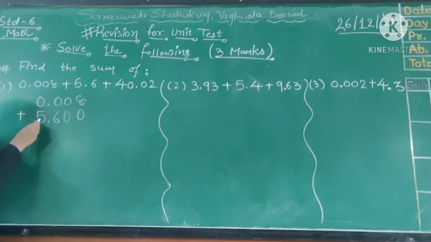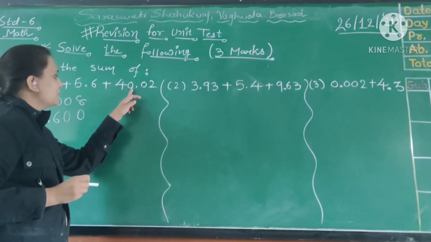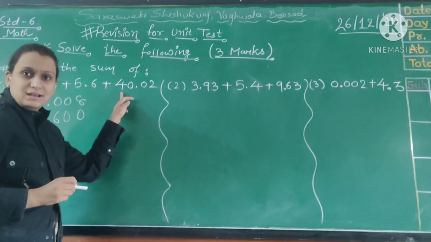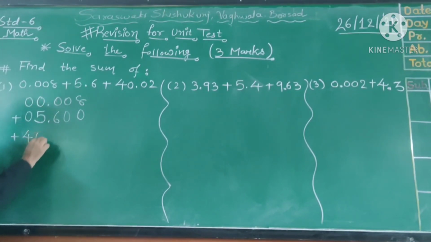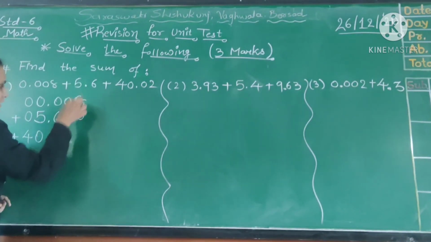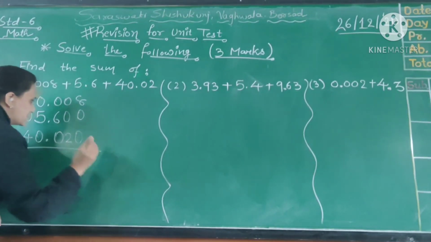Here 0 is at the 1's place and 4 is at the tenth place, so we keep one space. In 40.02, in the thousandth place we put 0. Now let us start the addition.